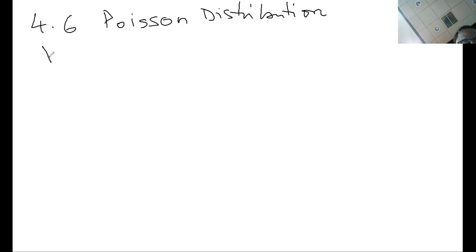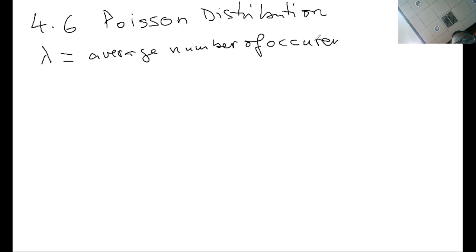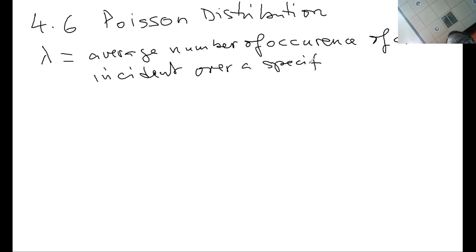So lambda is the average number of occurrences of an incident. It could be an accident, or in actuary, sickness, or the average number of claims that somebody can file, over a specific period of time.